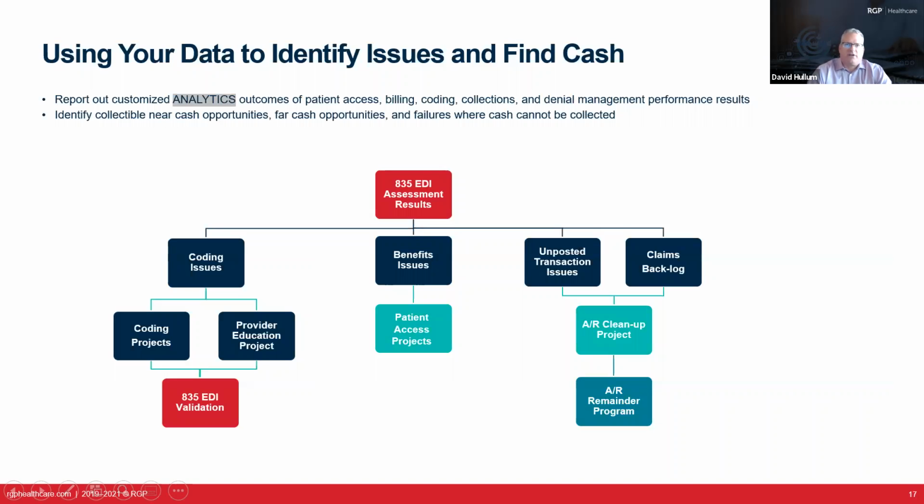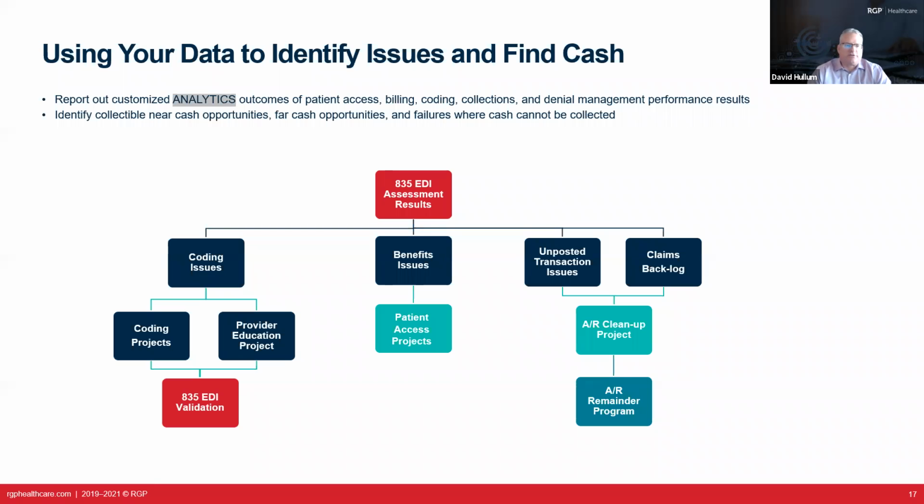So this is just kind of a layout, a hierarchy of an example of how you use your data to identify issues. And it's going to step through the analysis and then the areas of responsibility and then what you do after that. So you could have identified coding issues, benefits issues, and then unposted transactions or claims that are in backlog, right?